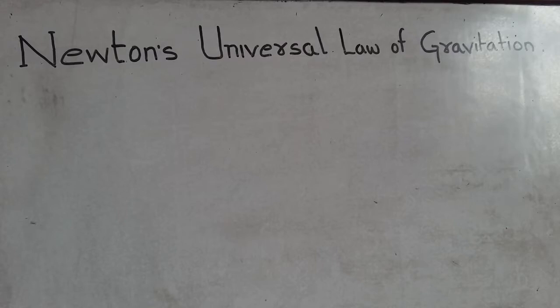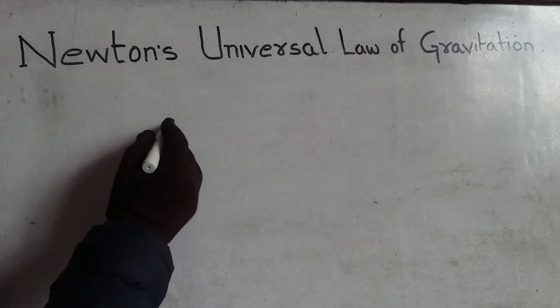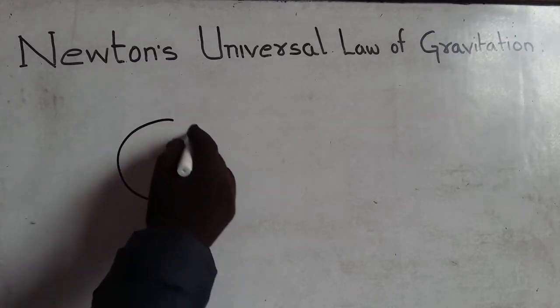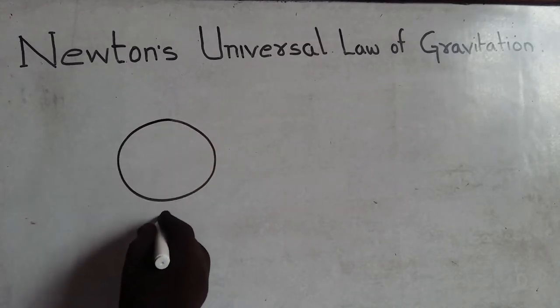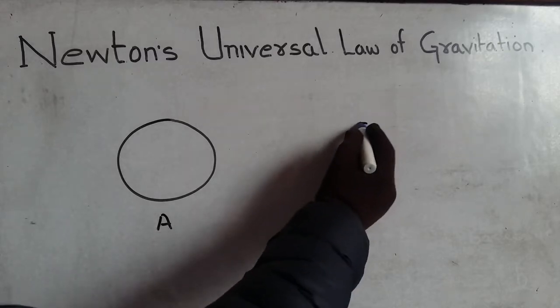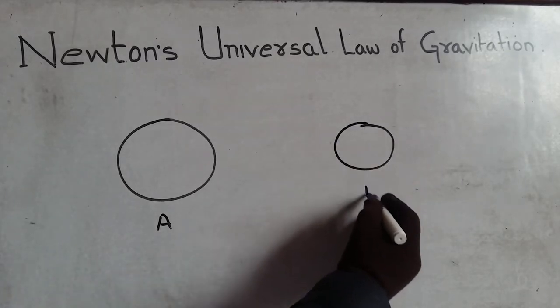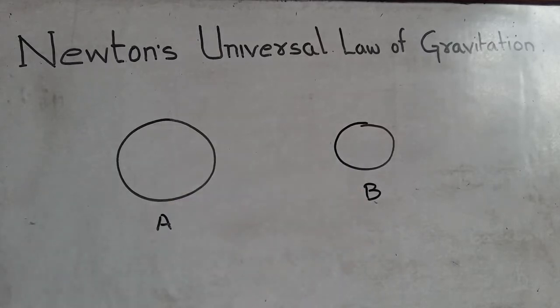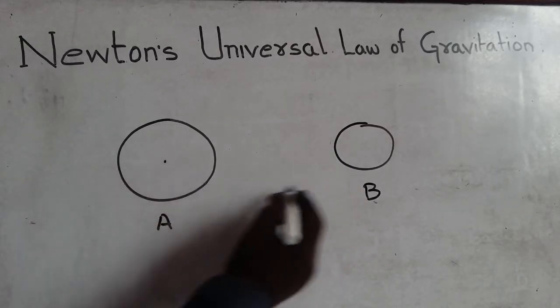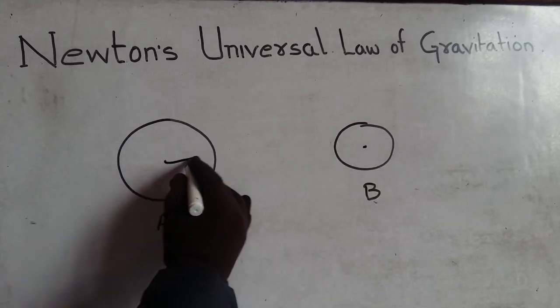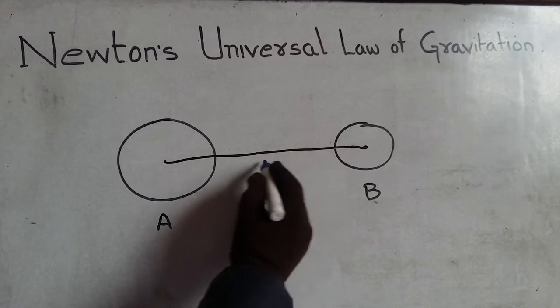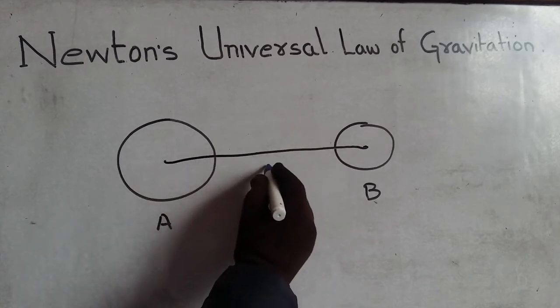To understand this law, let us suppose that there are two objects A and B. Let me draw the object A, and we have another object here, B. This is the center of object A, the center of object B, and when we join these two centers we get the distance between the center of A and B.